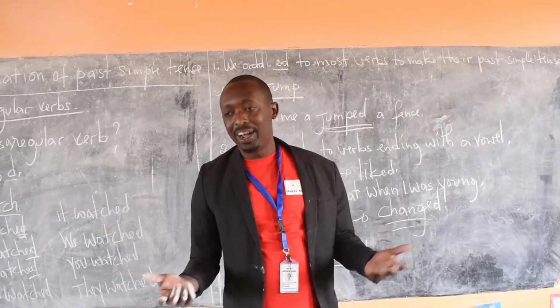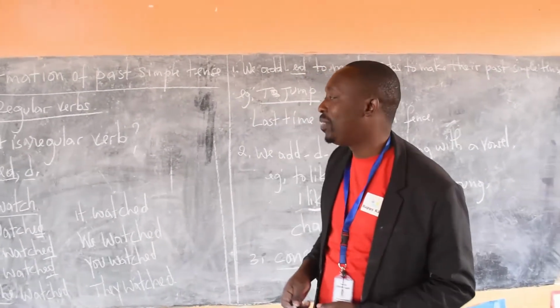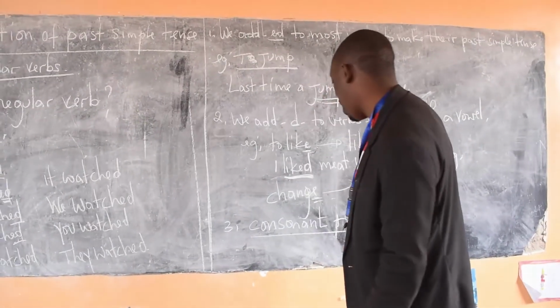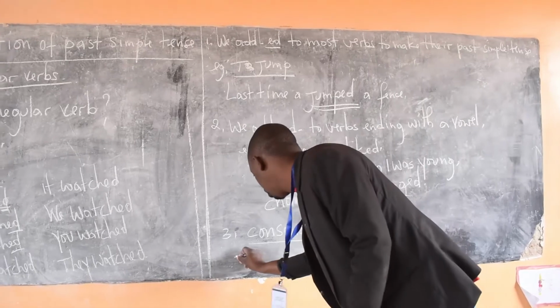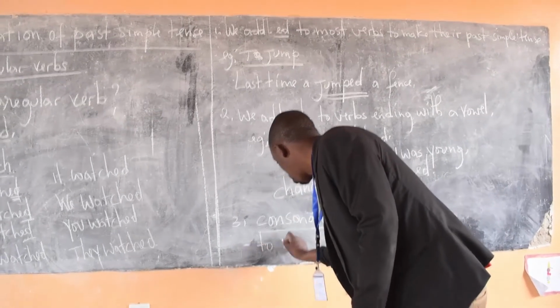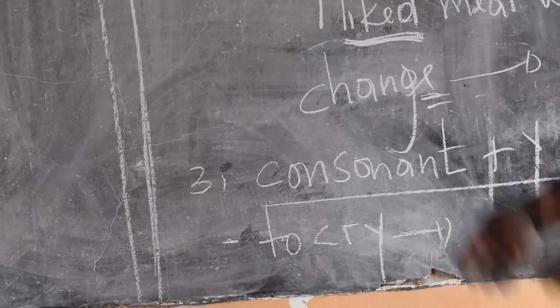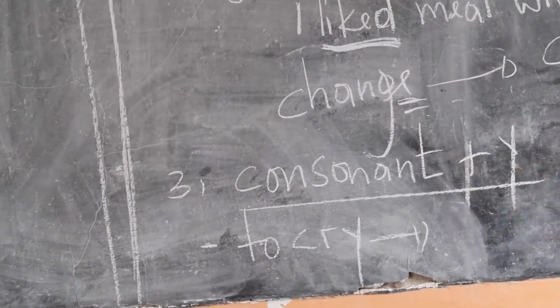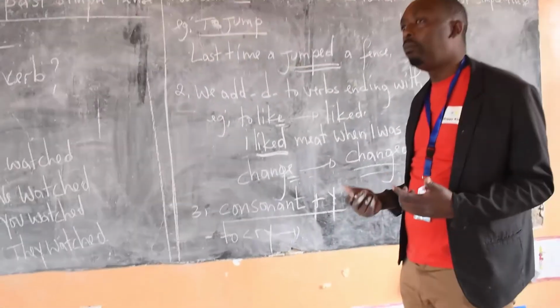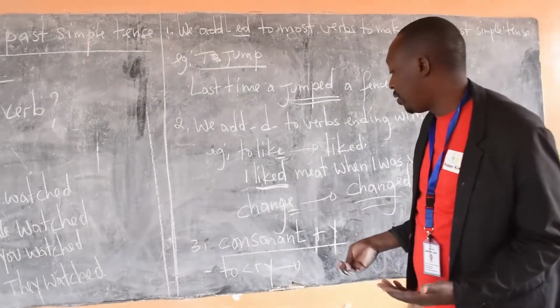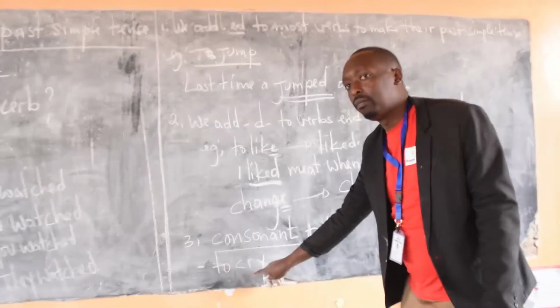So let me give you my example. Let us take, for example, the verb to climb. We want to know the simple past of this verb so that we can talk about the past using this verb.